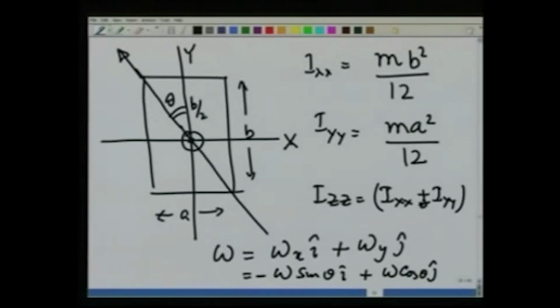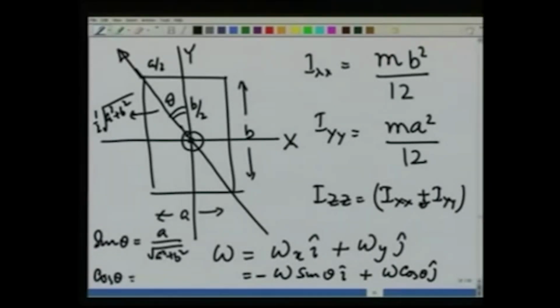This is b by 2, this is a by 2, and this is going to be half of square root of a square plus b square, and therefore sin theta is equal to a over square root of a square plus b square, cosine theta is equal to b over square root of a square plus b square.